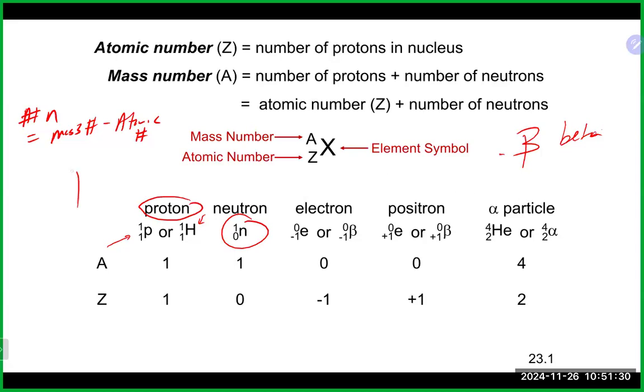If it's a positron, they usually will do something to indicate that, so sometimes they'll put a plus on top of it, or they will definitely put the numbers in there as well. So if you just see a plain beta symbol in a problem, it's a safe bet to assume that it is a beta particle and not a positron. They usually will try to distinguish the positron from the beta particle.